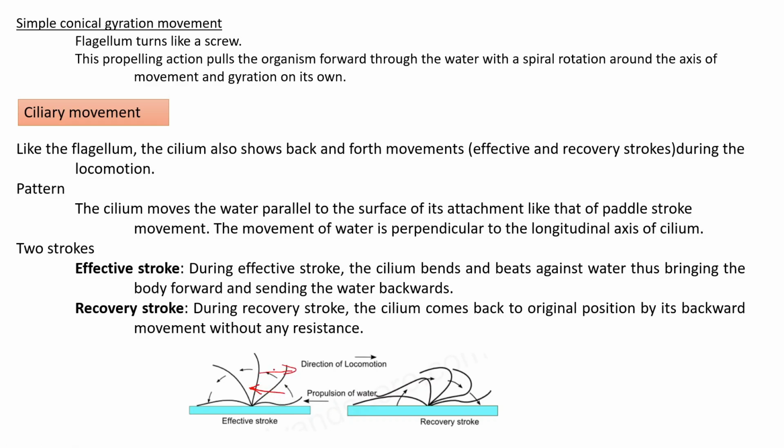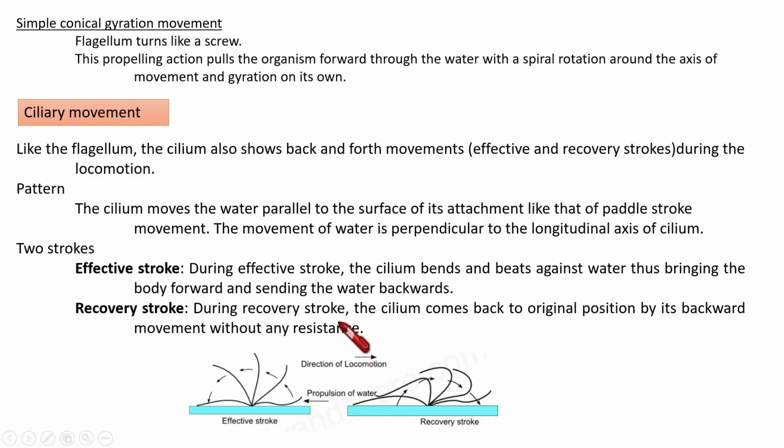That will always be the case: movement of the organism and propulsion of water are in opposite directions. So that is the effective stroke. In the effective stroke, the cilium bends against the water and moves the body forward. Recovery means coming back to the original position, by the backward movement without any resistance, like the flagella itself.